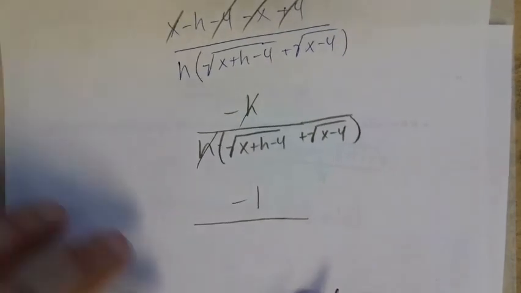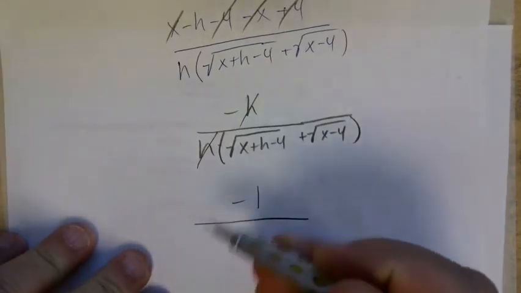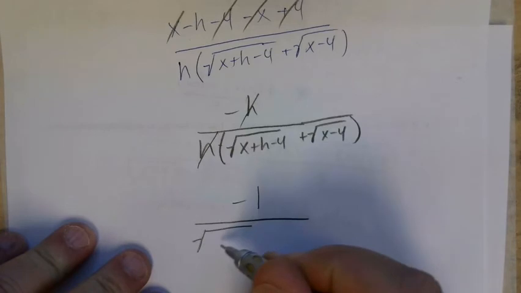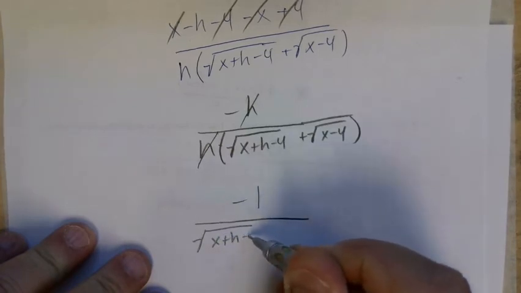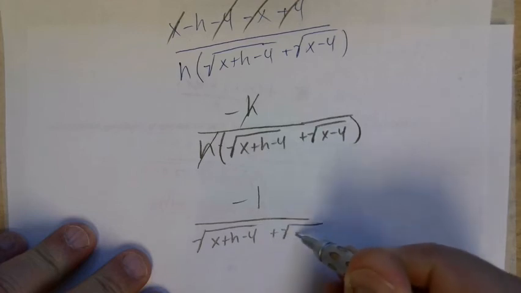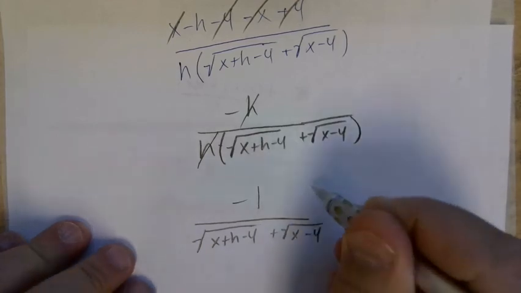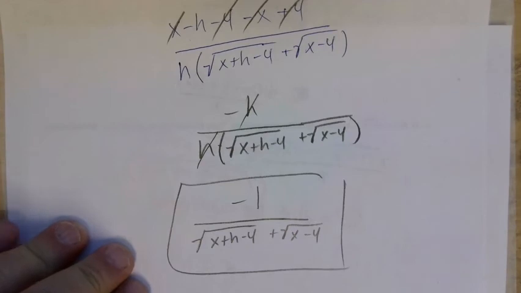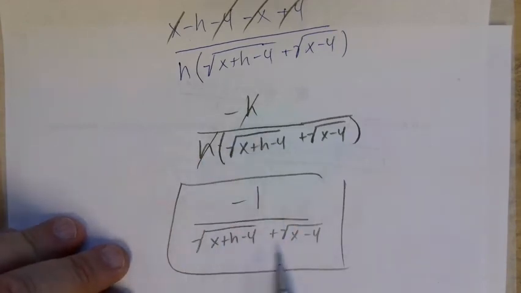And on the bottom, I've just got the square root of x plus h minus 4 plus the square root of x minus 4. And that's it. As soon as you're able to cancel that h, you know you're done. Okay, I don't need to worry about these radicals on the bottom. They're fine. The objective is to cancel the h.